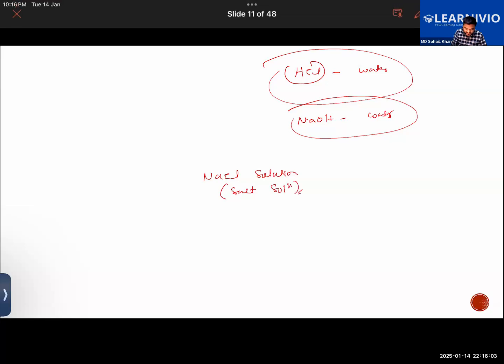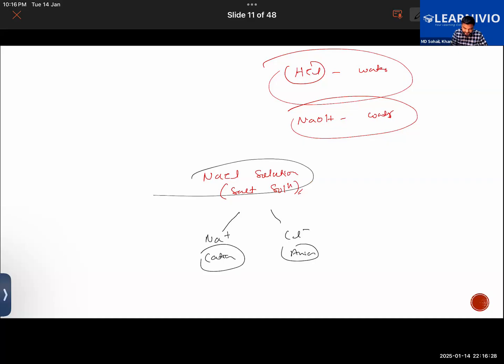So this is an electrolyte. It fits into the definition of an electrolyte, which says that any given substance, when dissolved in water, in its aqueous state, breaks up into charged particles called ions. It will split up into Na plus and Cl minus ions, into the cations and the anions. Thereby this is an electrolyte.